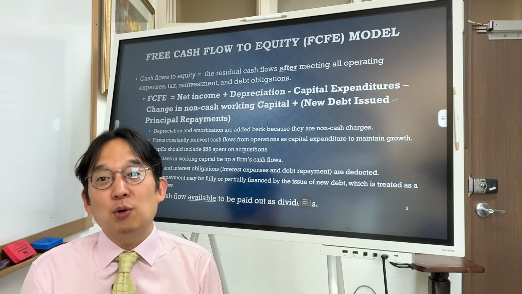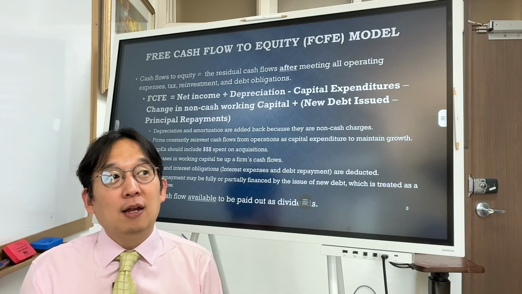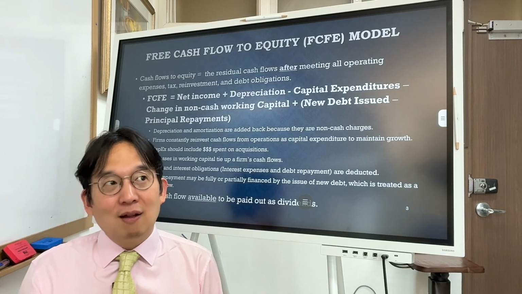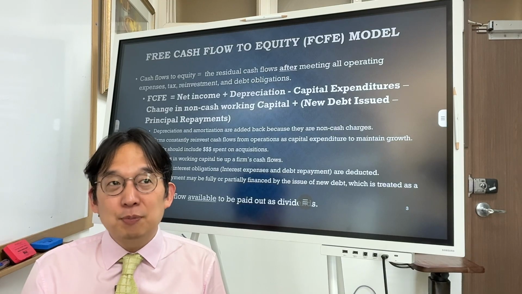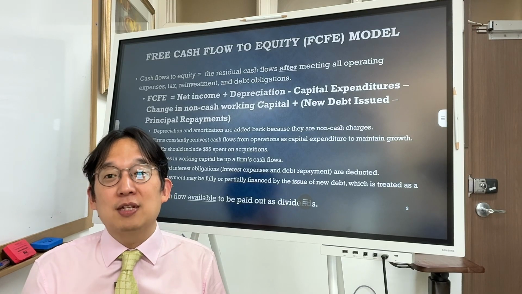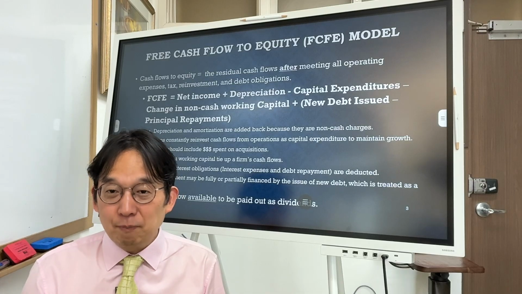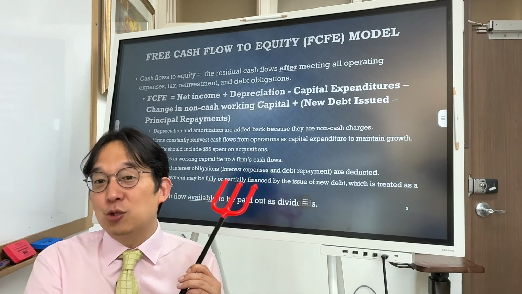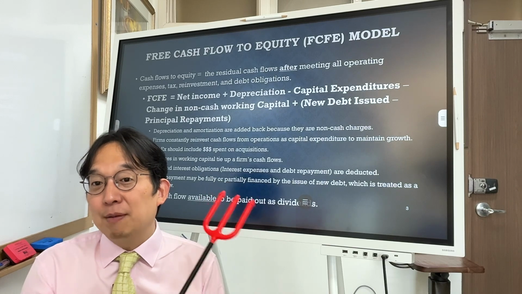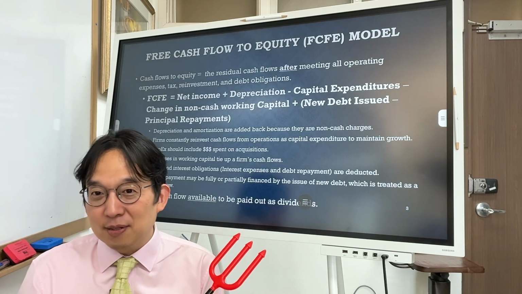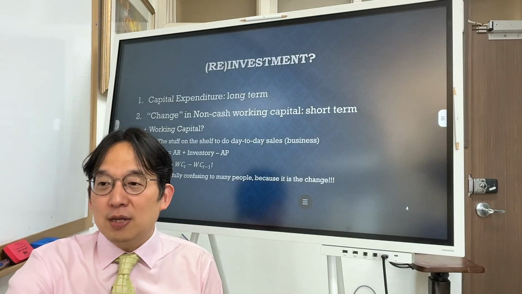Shouldn't the company try to repay the debt as soon as possible before they pay out as dividend? Yes and no. There's an agency cost problem associated with this capital structure issue. We're going to talk about that later, but I'm talking about some extreme cases. The borrowed money from the bank can be used as dividend payment sometimes, right? Like that. So, what is the reinvestment, by the way?